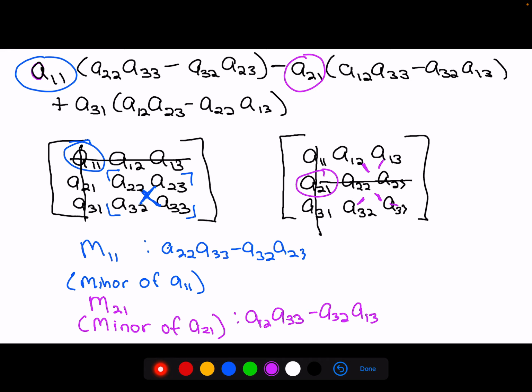I could do that too, and it would work. It would help me find the determinant of the 3 by 3 matrix. And I would end up finding these minors and going further from there.